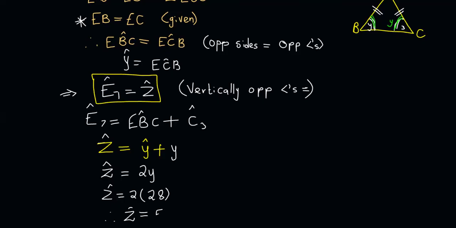But we are not restricted. Let me show you another concept from here. Someone will just write it like this. Someone will say, me, I prefer writing it like this. You're not going to be wrong. Angle Z is equal to, since you know that this is Y plus Y, someone can also write it like this and say, the size of angle Z is equal to, you know that Y you got 28, so you can write 28 degrees plus another 28 degrees.